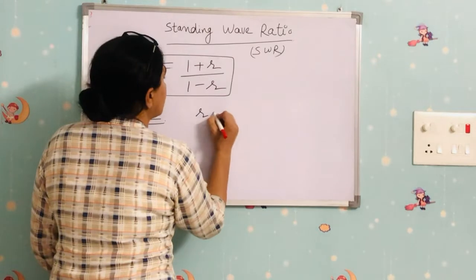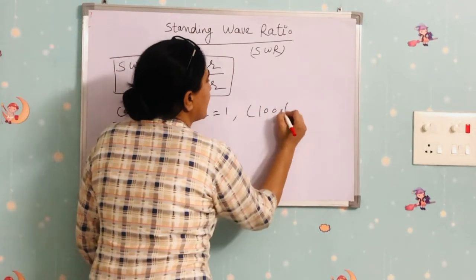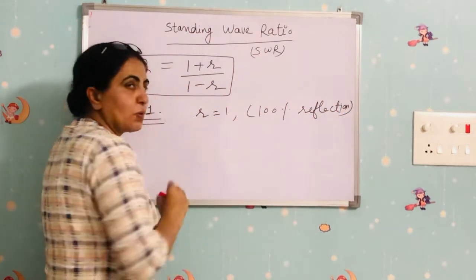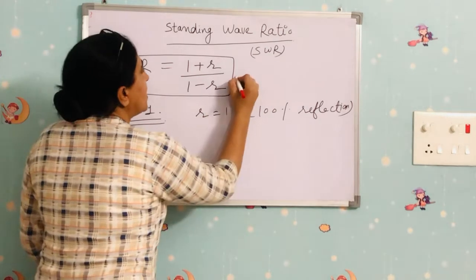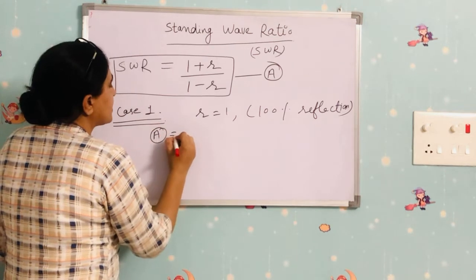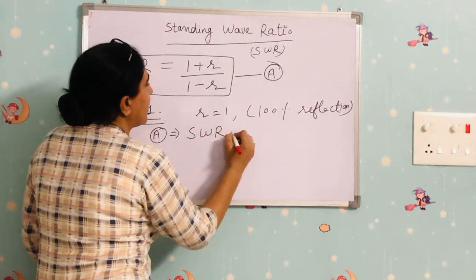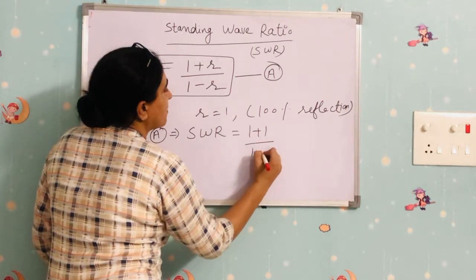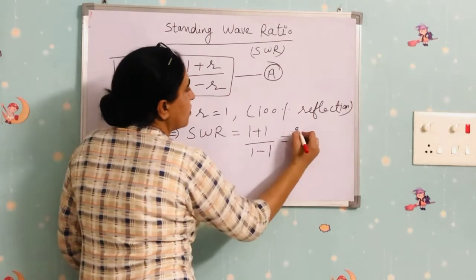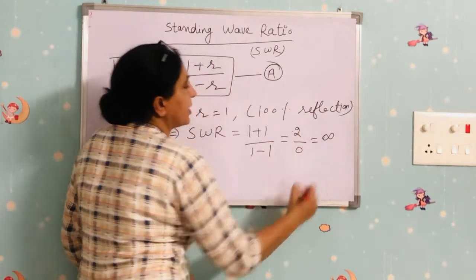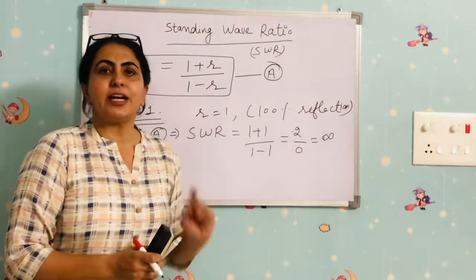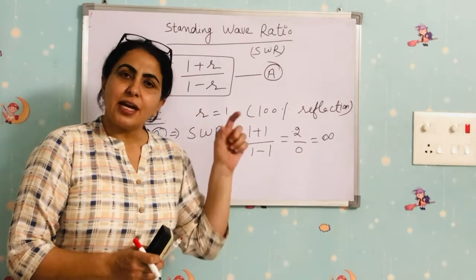Put R equal to 1 in this equation, call it A. So the standing wave ratio will be equal to (1 plus 1) over (1 minus 1). That is not 0, that is equal to 2 by 0, and 2 by 0 means infinity. So for 100% reflection, the standing wave ratio is infinity.